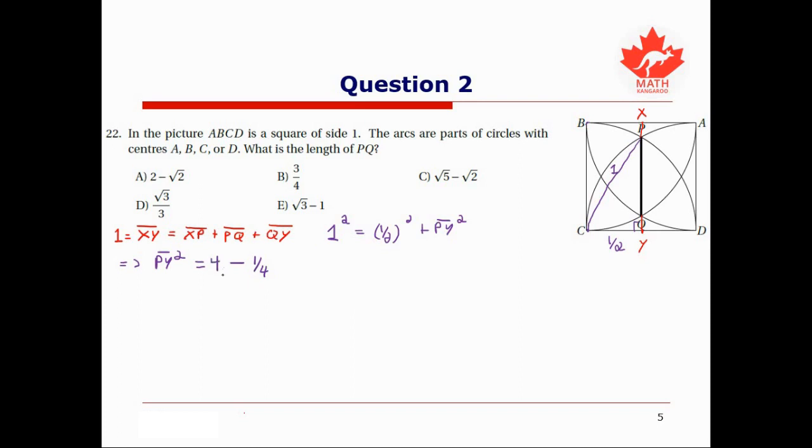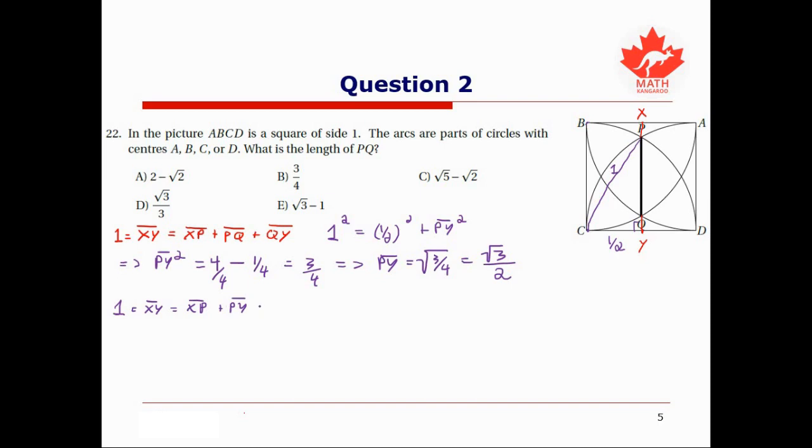So rewriting 1 as 4/4, we see this is 3/4, and taking square roots of both sides tells us that the length from P to Y is the square root of 3/4, or simplifying this, because 4 is a perfect square, root 3 over 2.